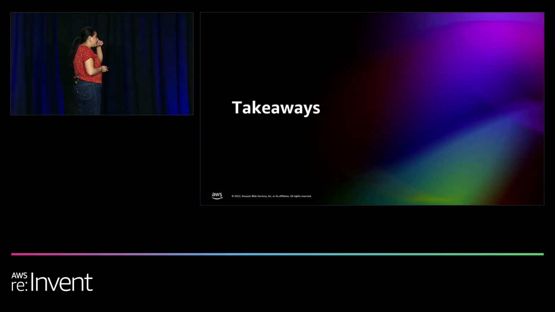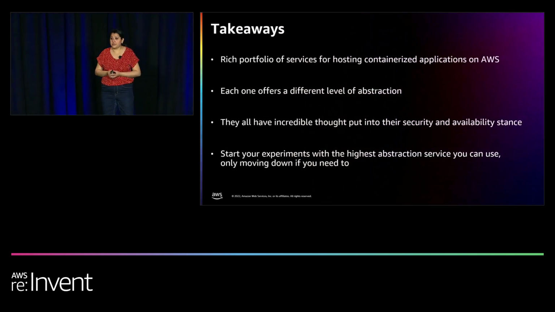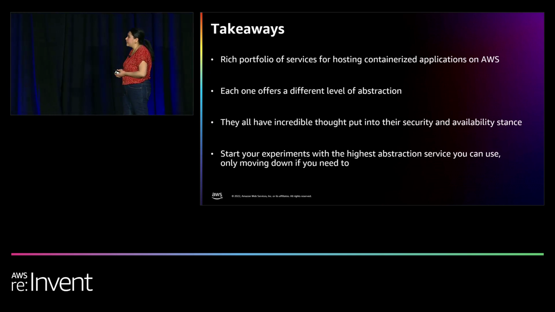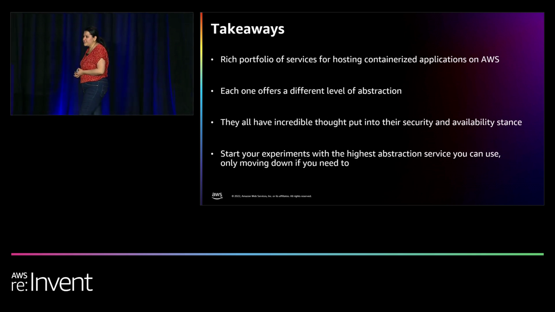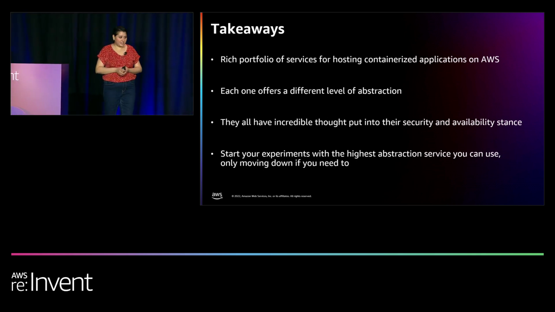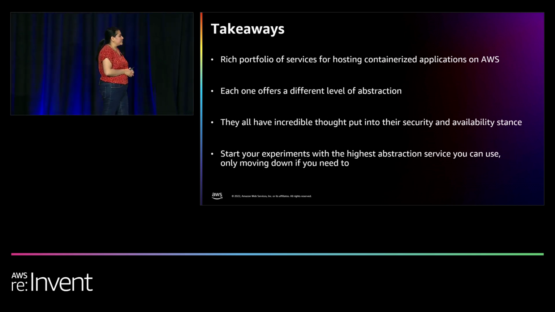So, that's bringing me to the end of my talk. And really, the point I wanted to make here is we have a pretty rich portfolio for hosting your container applications. Often it can be confusing to decide which service you should use for your application.